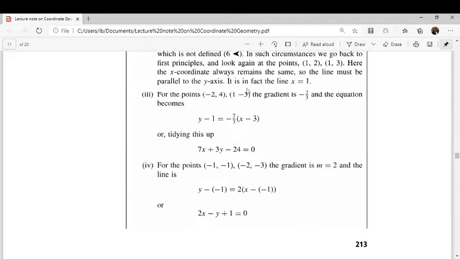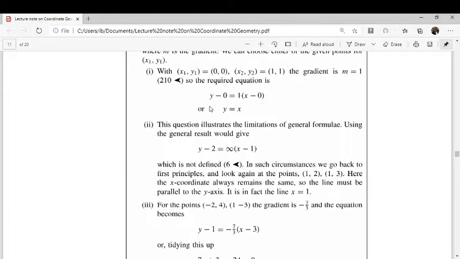To be clearer with an example, let's look at this one. This is a coordinate S1, Y1, 0, S2. Let's see problem 1. S2 and Y2 is 1, 1. So the gradient of this is m.